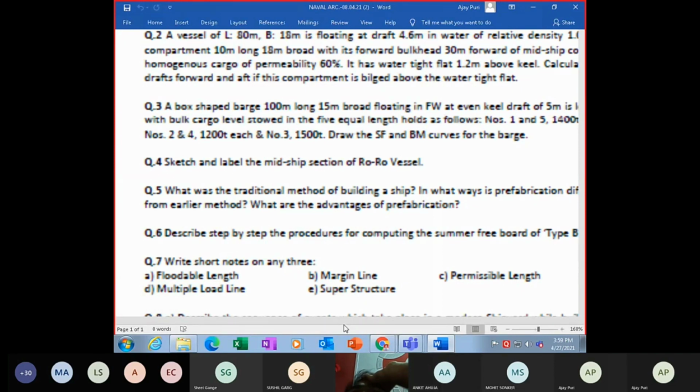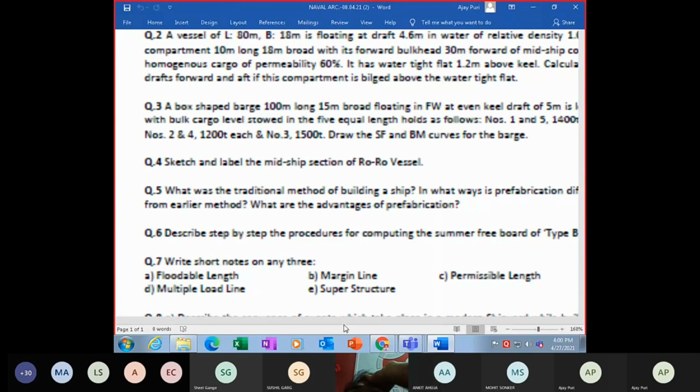So all the sections were built there. Vendors were not too many. And nowadays prefabrication takes place. The various vendors prepare the sections as per design, and these are brought together in the shipyard and joined together. Then you have to write what are the advantages of prefabrication.